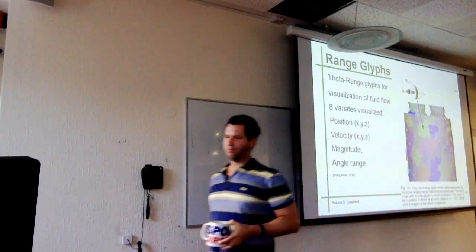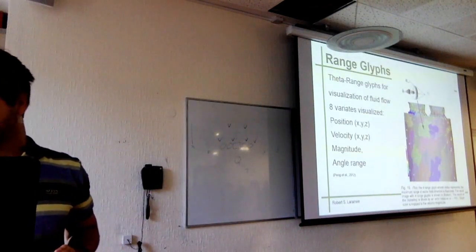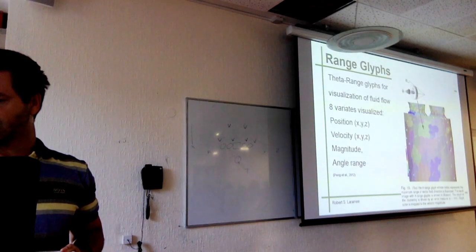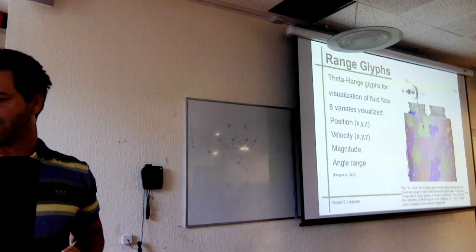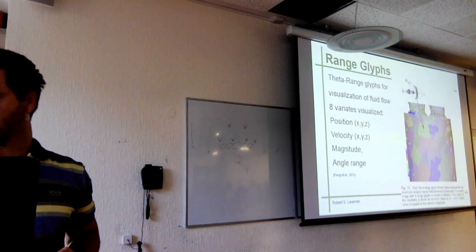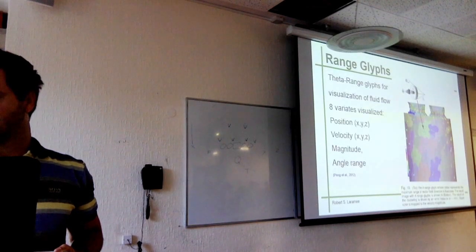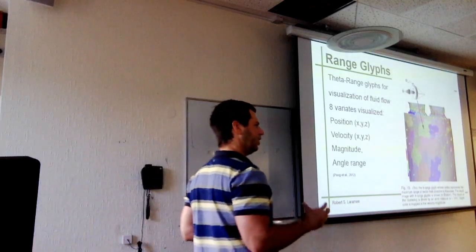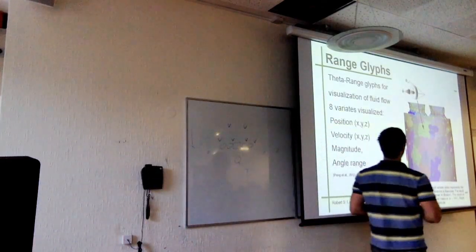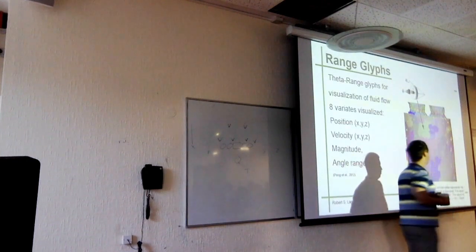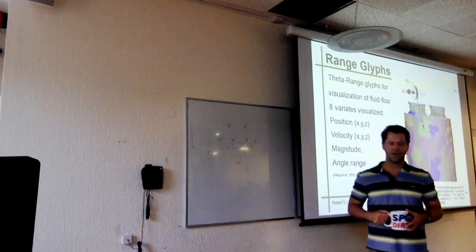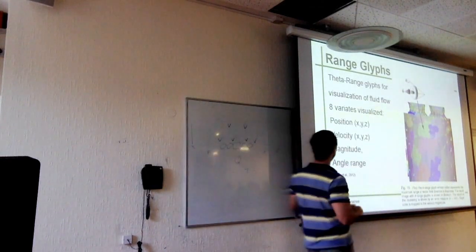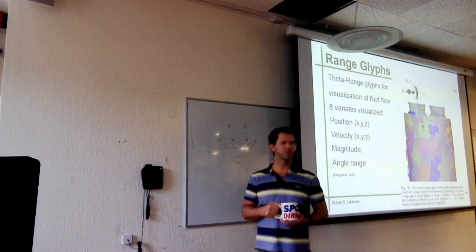We have the primary direction of the flow here, but then we have a range of varying angle, theta, which we encode inside this region. So the greater the theta is, the more variance we have in the direction of the flow. And that's how we map that information. So there are eight variables visualized there. We've added the angle range onto the glyph.